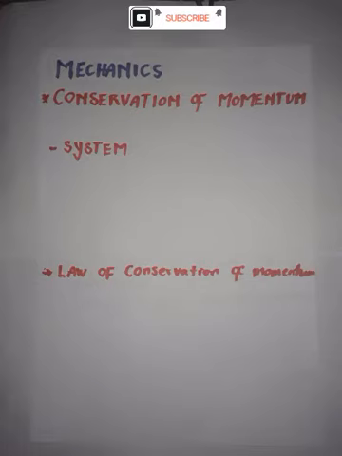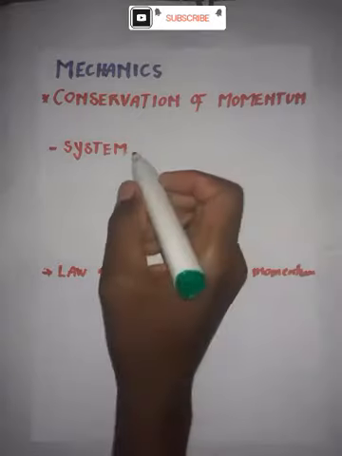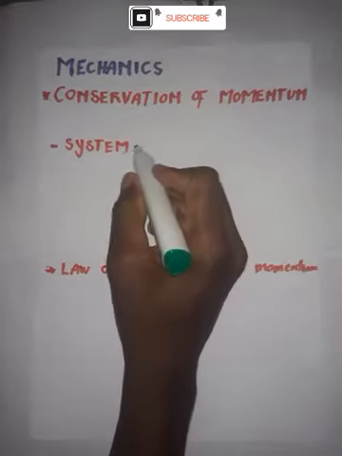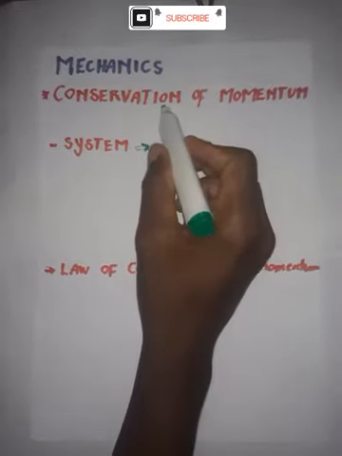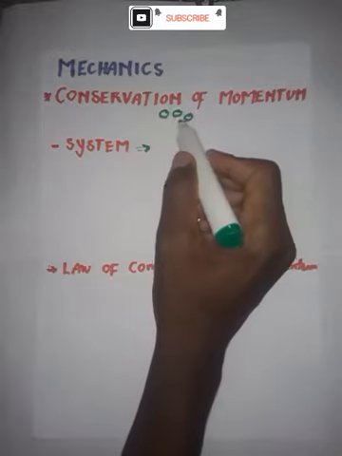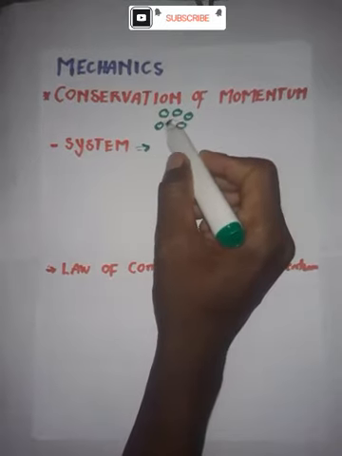Before you can tackle any problem on conservation of momentum, you must understand what a system is. I talked about a system in our last video, and I gave you examples with 1, 2, 3, 4, 5, 6 objects.